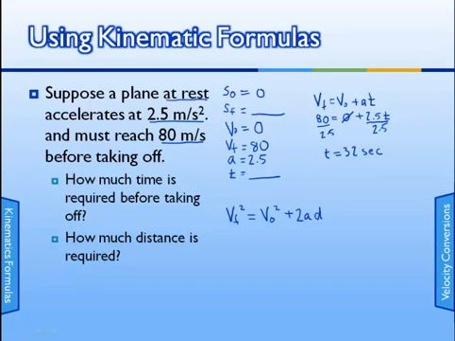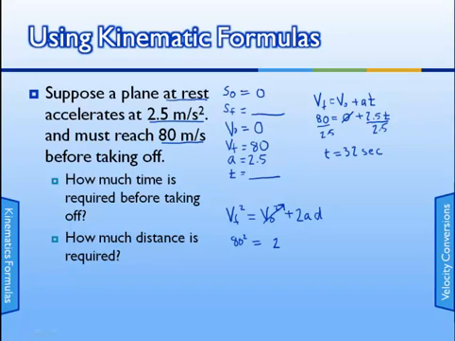And now let's plug in some numbers. The final velocity is 80, and that's squared. The initial velocity is 0, and 0 squared is just 0, and 0 plus something is just that, so this term can be ignored.